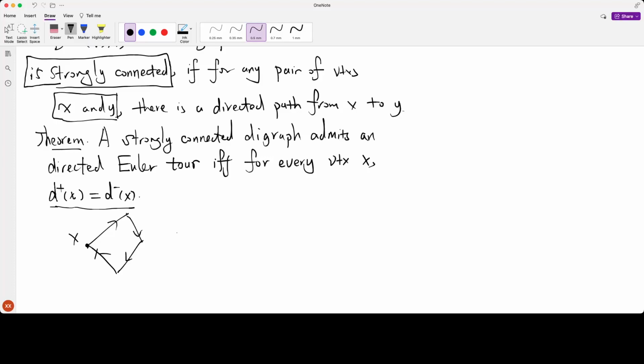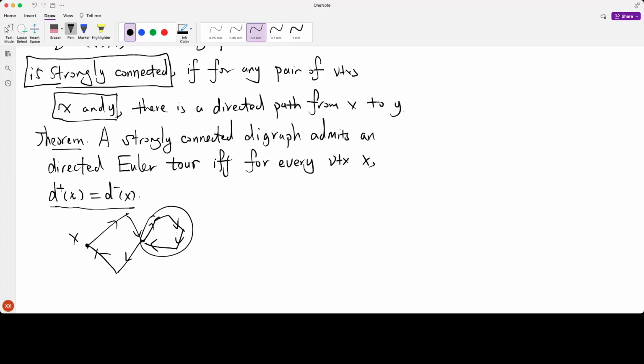There will be several connected components, and each one of them is a directed graph with the same condition but with smaller sizes. You have to use induction. After you delete this closed trail, in each connected component you use induction to find another Euler tour for it, and then you do this for all the connected components.